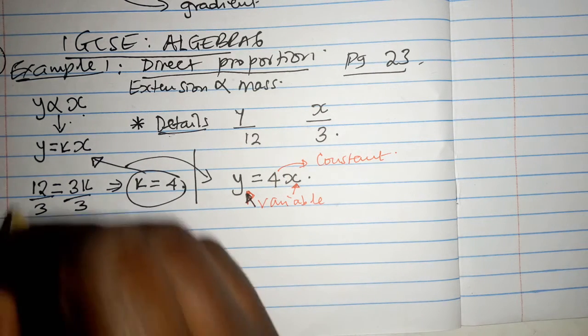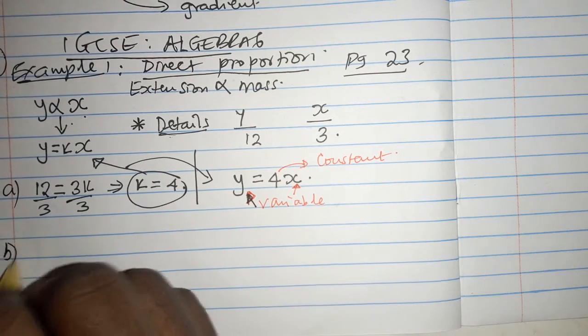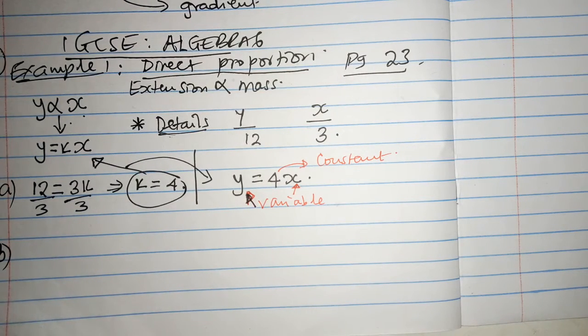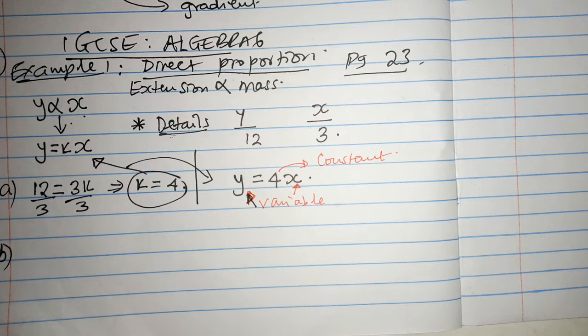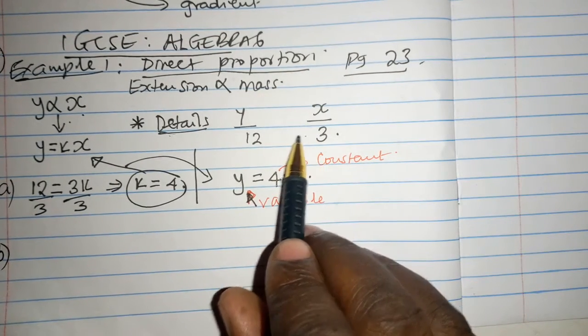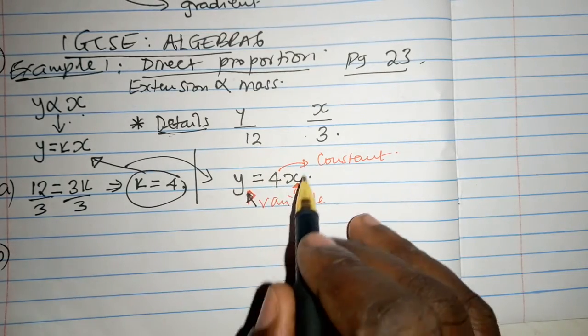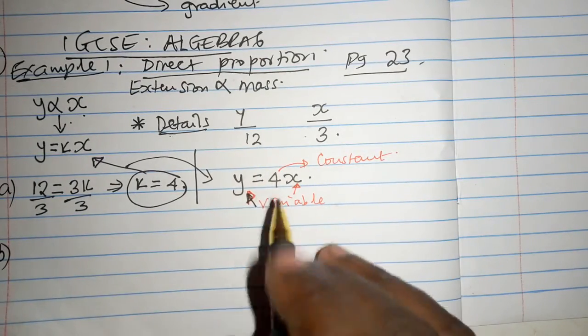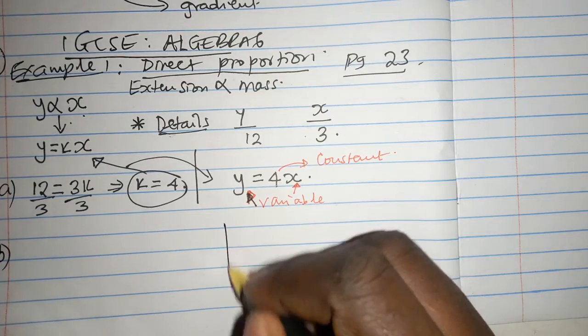So yes, this is the formula for y in terms of x. Part B of the question: find the extension y when a 7 kg mass is attached. Now, we have x, we need to look for y. Because we now have the relationship, this becomes the easiest thing to do.